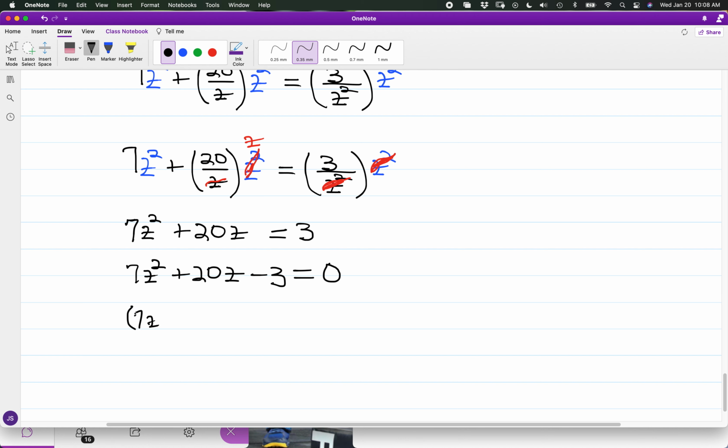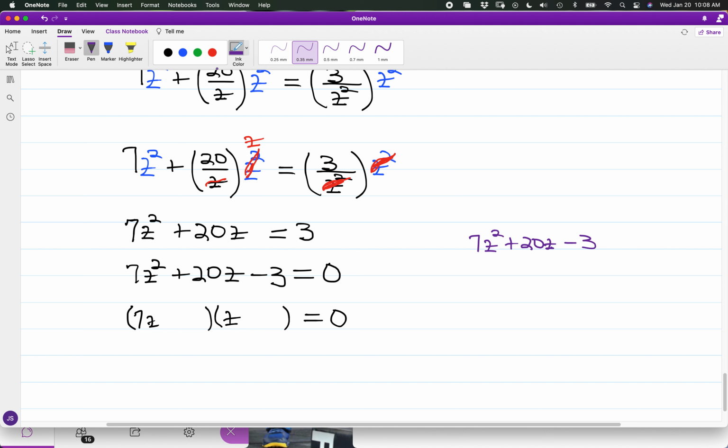Now I mentioned, just kind of step to the side here. How do I know that 7z squared can go to 7z and z, and how to follow through? Again we have 7z squared plus 20z minus 3.